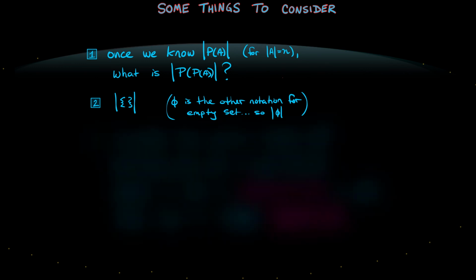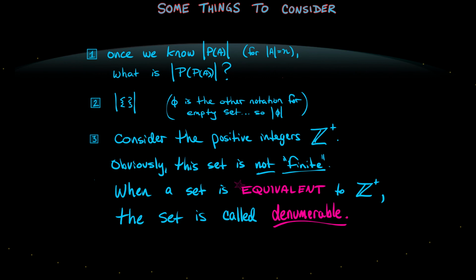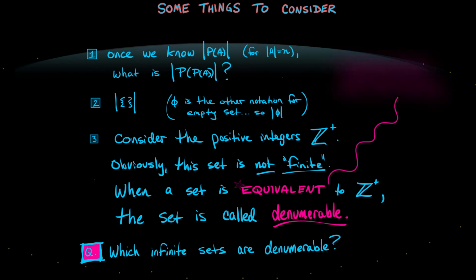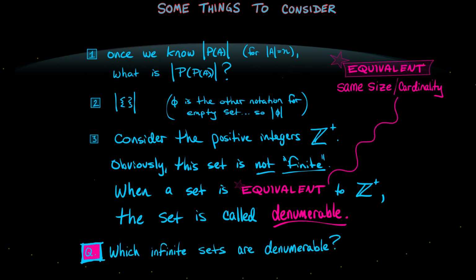And third, we're going to consider again the positive integers, Z plus. So this set is an infinite set. It's not finite. And when any set is equivalent to Z plus, we call it denumerable. Now, equivalent really just means that they have the same cardinality, the same size.